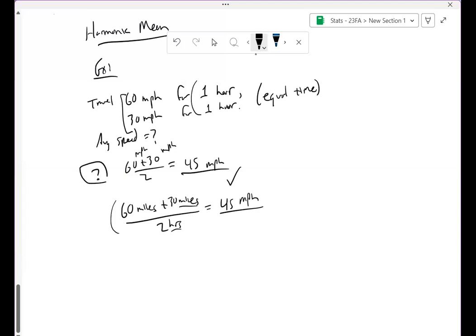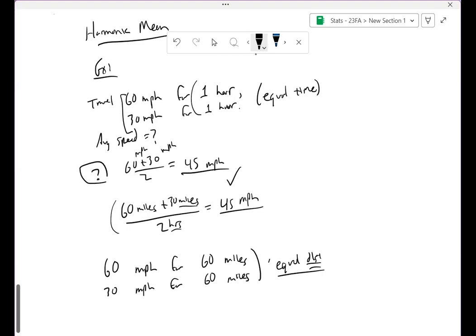What if my data was reported slightly differently? What if I had traveled 60 miles per hour for 60 miles, and I traveled 30 miles per hour for 60 miles? So here I've gone equal distance at each of these speeds.